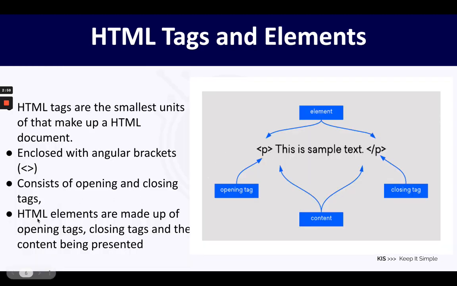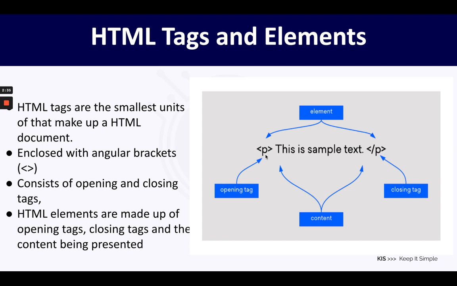So now what then is an HTML element? An HTML element is made up of the opening tag, the closing tag, and the content being presented. So the entire thing is an element, right? Think of a tag as more like the smallest unit, more like the boundaries.